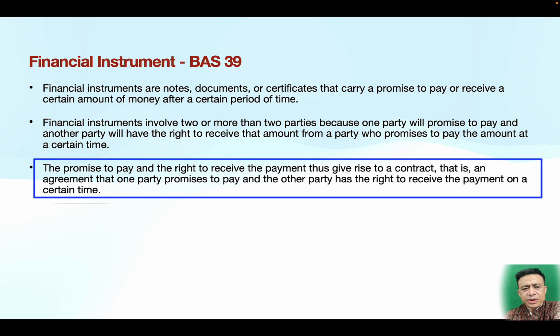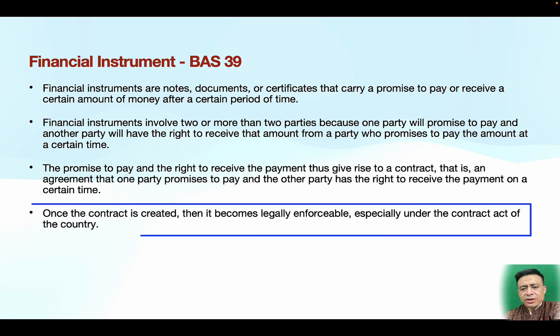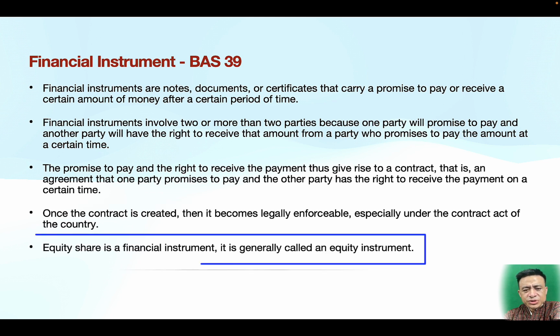That is an agreement that one party promises to pay and the other party has the right to receive the payment at a certain time. Once the contract is created, it becomes legally enforceable, especially under the Companies Act of the country. Therefore, an equity share is a financial instrument and generally it is called an equity instrument.